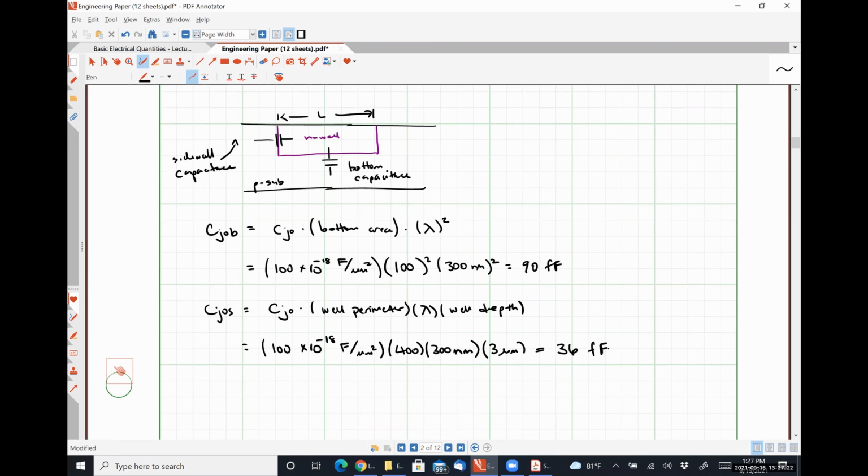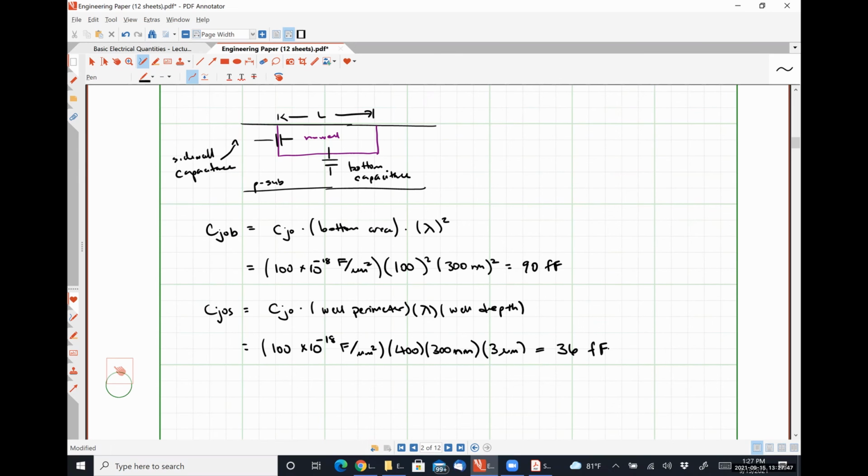So it makes a significant contribution to an N well that's this small, really, right? Although 100 lambda by 100 lambda probably doesn't seem particularly small, in the grand scheme of things, when our die size is 1.5 millimeters by 1.5 millimeters, this particular well would be what?